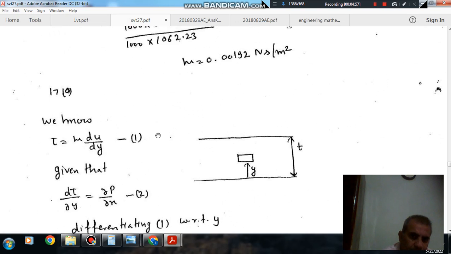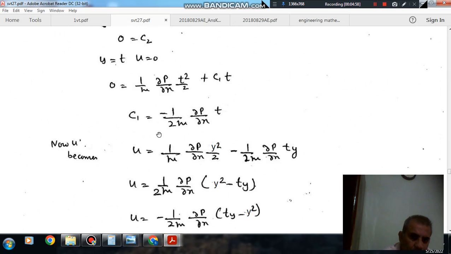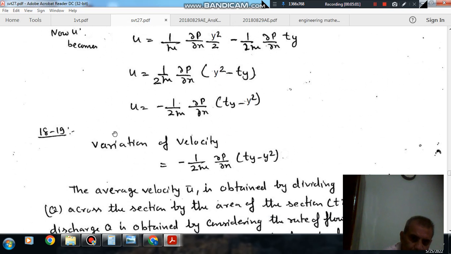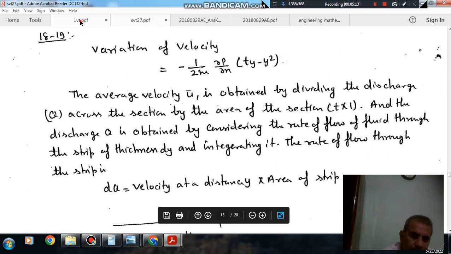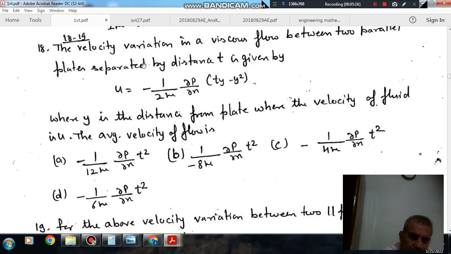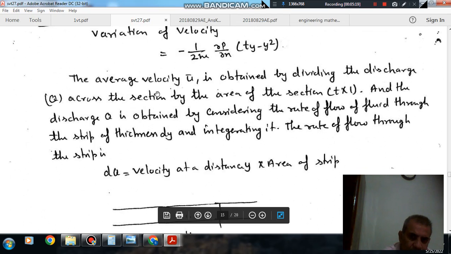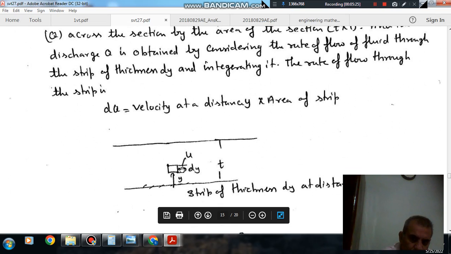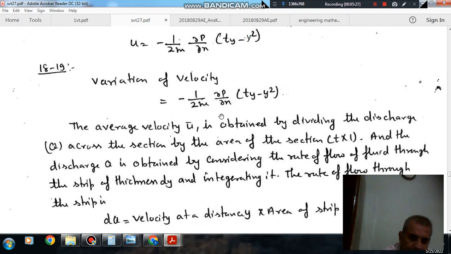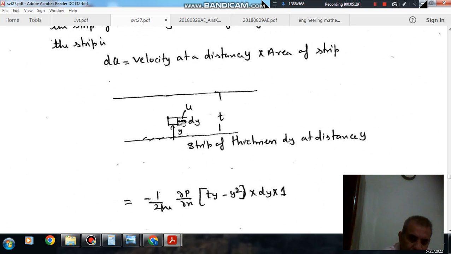So here, the velocity variation we have derived is u = -1/(2μ) ∂p/∂x [ty - y²]. Now to find the average velocity, first we will calculate the discharge through this plate by considering a small strip of thickness dy and taking its area, assuming that the width perpendicular to the paper is 1.